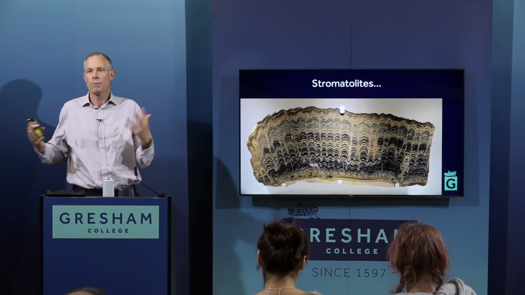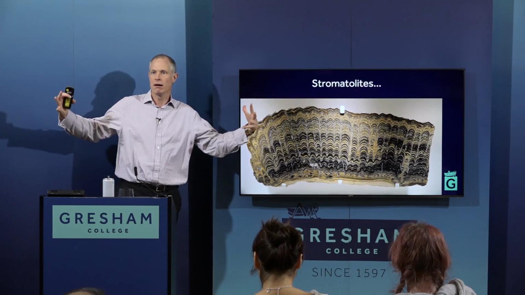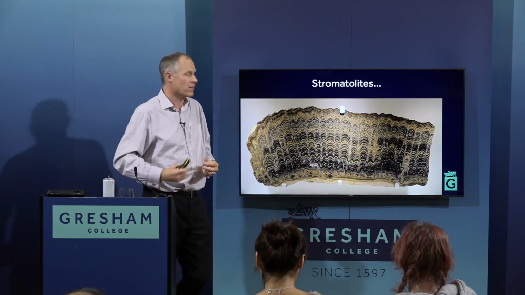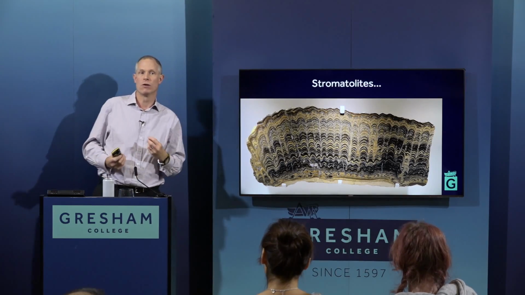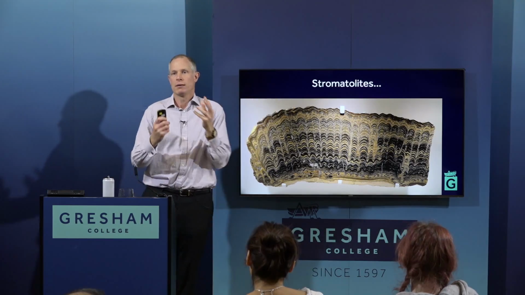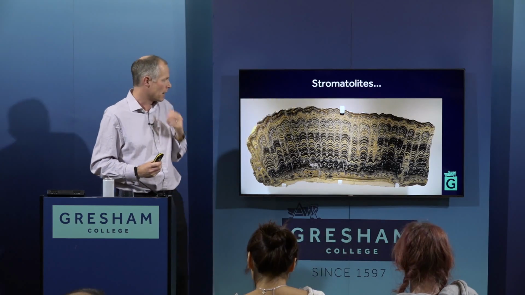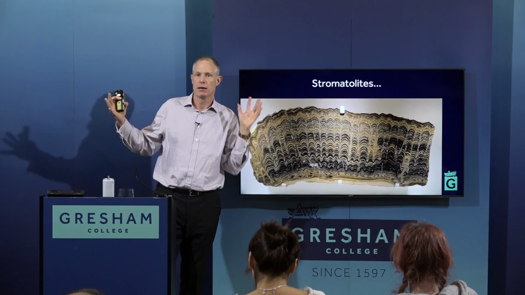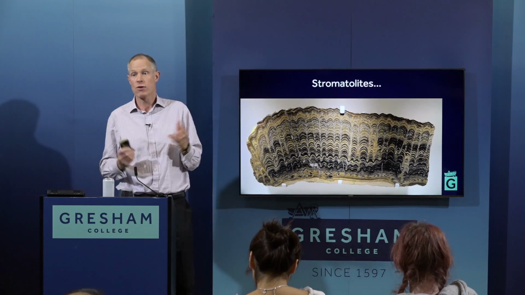And over a long period of time, you get these really gargantuan rock structures that are entirely products of a microbial source. This is one of the oldest types of microbial structure we know about, and we know that stromatolites billions of years ago were incredibly abundant.